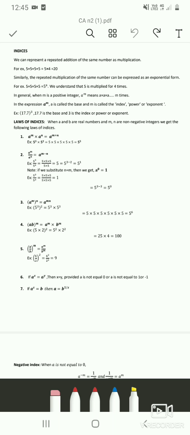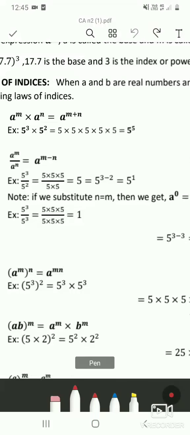Let's look into the first law. a power m into a power n equals a power m plus n. That is, here both the bases are the same: the base is a and the power is m, and here the base is a and the power is n. So when the bases are the same, you can write it as a power m plus n.